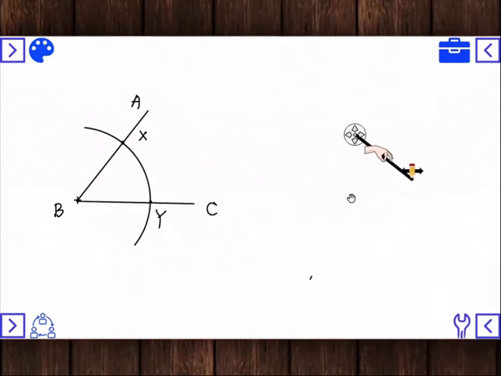Okay, what's the next step? With X at center and any suitable radius, draw an arc. Then with the same radius and Y at center, draw another arc so that the two arcs cut at S. So we put the compass on the point X and we pick any suitable radius and we draw an arc.